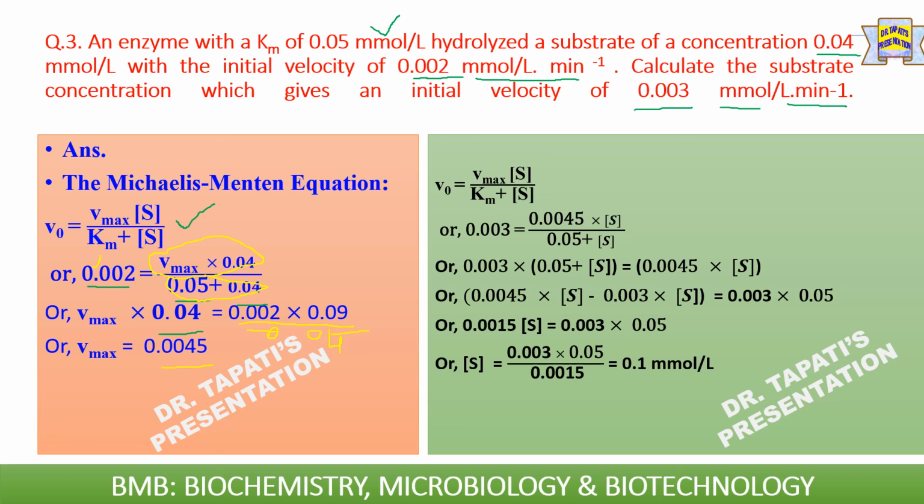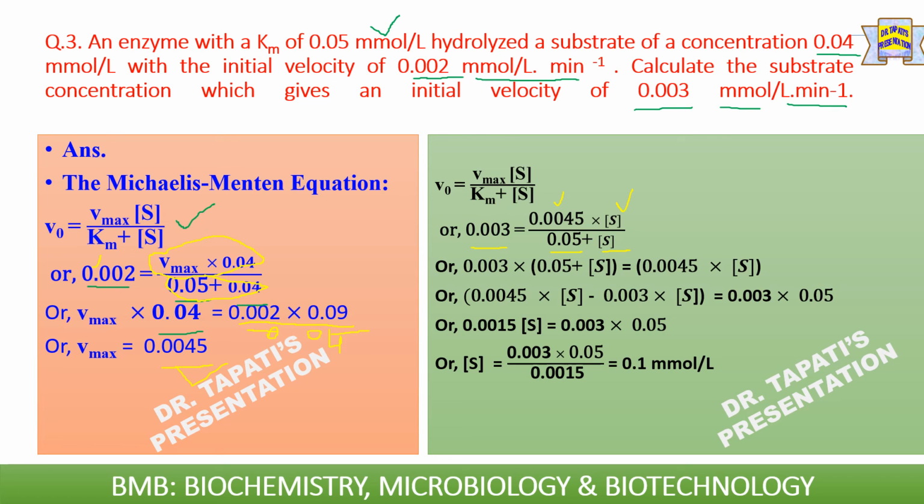Now we have to solve for the substrate concentration when the initial velocity is 0.003. So I am putting V0 as 0.003, equal to 0.0045, the value of Vmax, into substrate concentration, which we have to find out, divided by 0.05, the value for Km, plus substrate concentration.